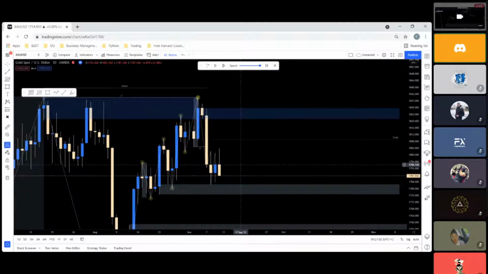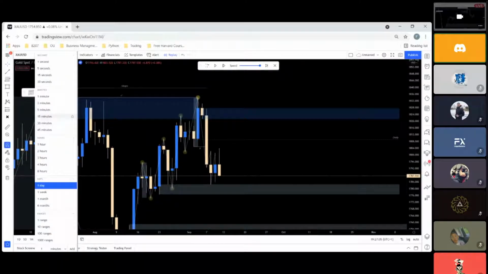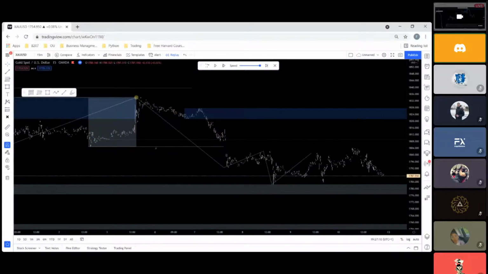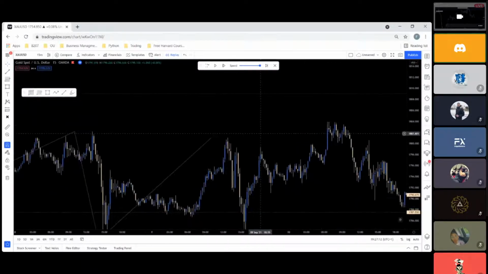Yeah, so now this is when I start to dig deeper into the lower time frames, because the way I trade, it's very much the 15-minute is my range, and I focus a lot on 5-minute order flow.